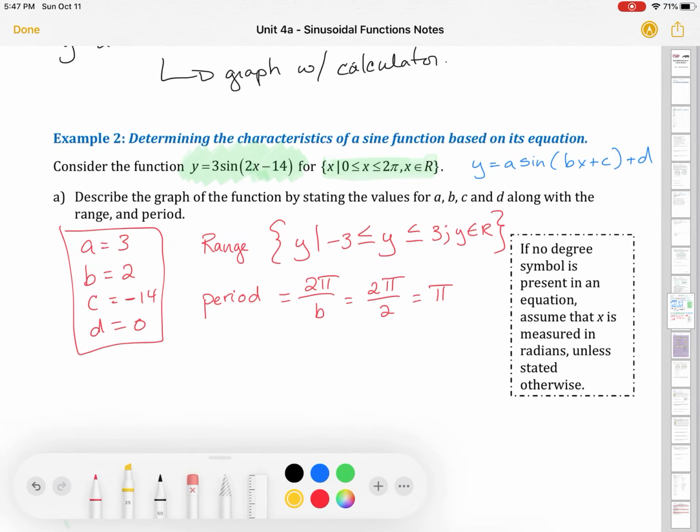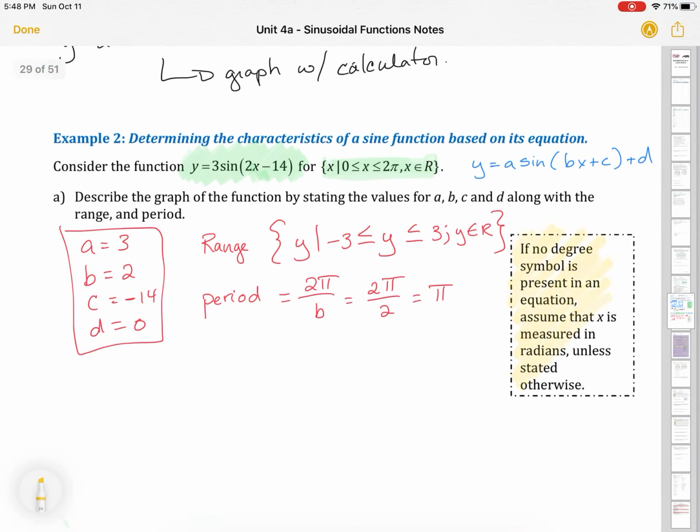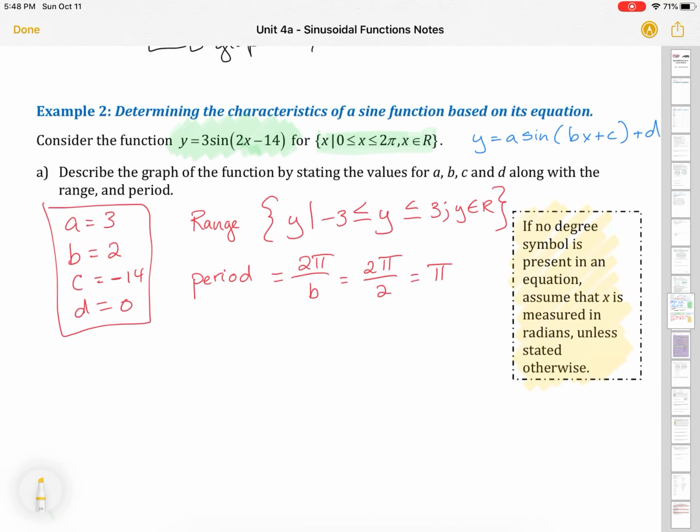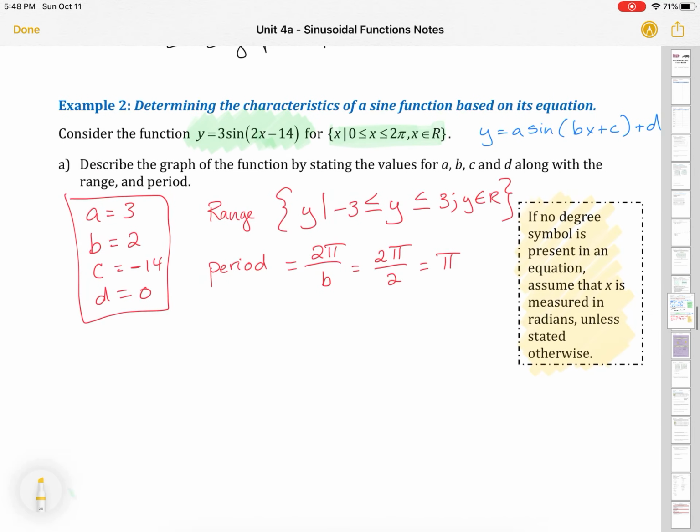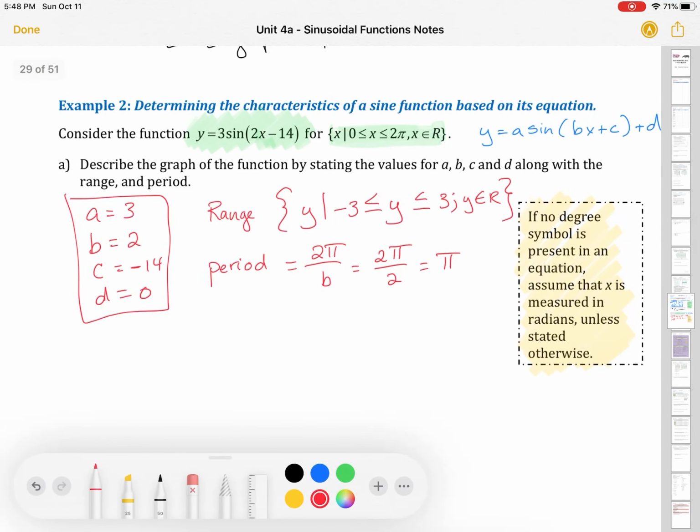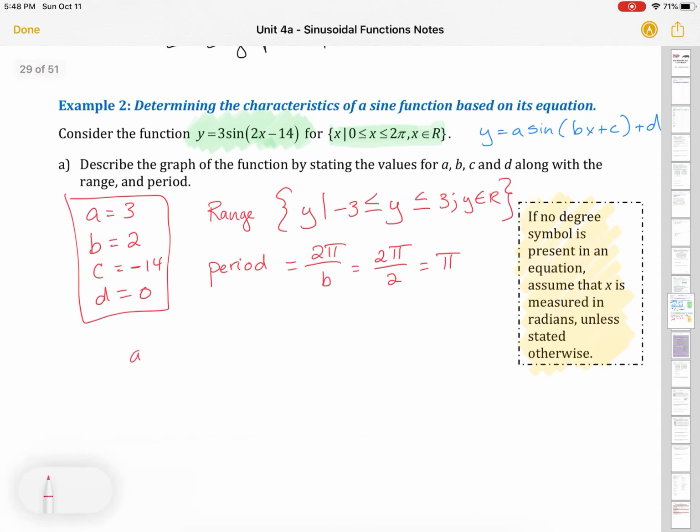And just remember that if no degree symbol is present in the equation, then we assume we're measuring the domain in radians. So when we saw that domain, we said, oh, it's in radians. Now we could find out the rest of the information. It hasn't asked us to, but we could. We could find the amplitude. The amplitude we know is equal to A, so it's 3. We know the period.